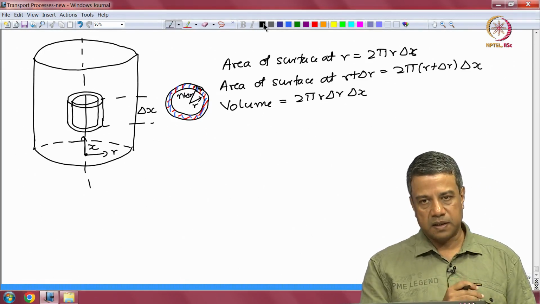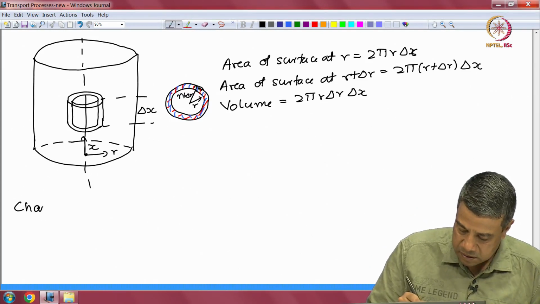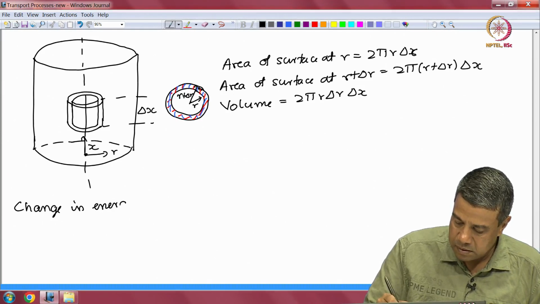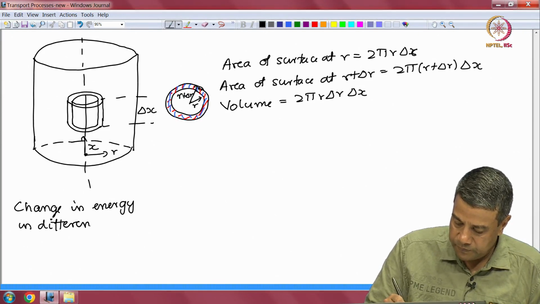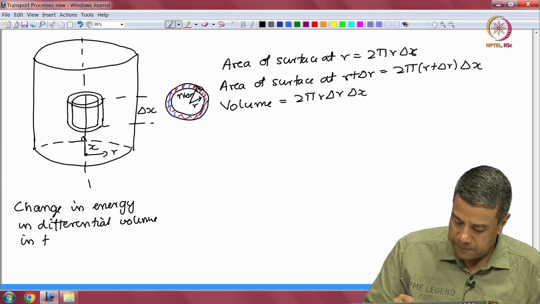Okay, so we have to write a balance for this. Change in energy in the differential volume in time delta t.